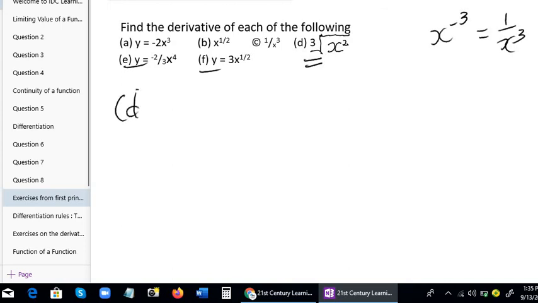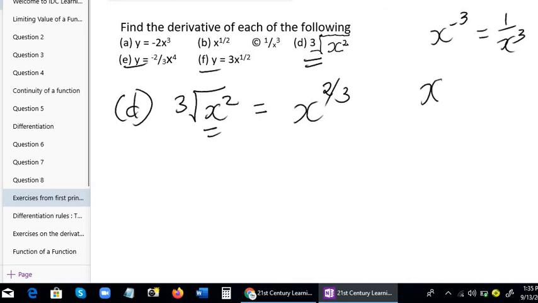So for D, we have the cube root of x squared. Now, you need to practice your indices because we are coming across a lot of them here. If we reverse this, it's the same thing as x raised to the power of 2 over 3, at least from your knowledge of indices.